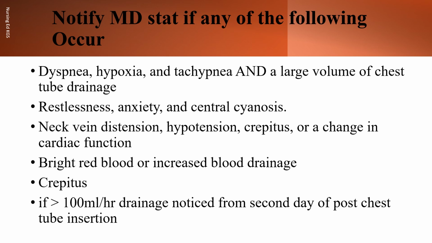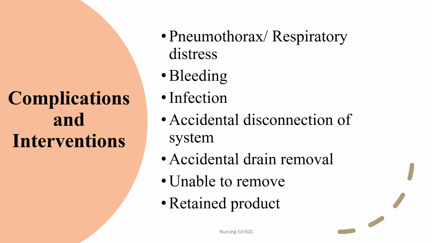You will also notify the doctor if there's more than 100 ml of drainage on the second day of post chest tube insertion. We will now talk about different complications that the patient who has a chest tube may experience, as well as interventions and orders that you could anticipate.